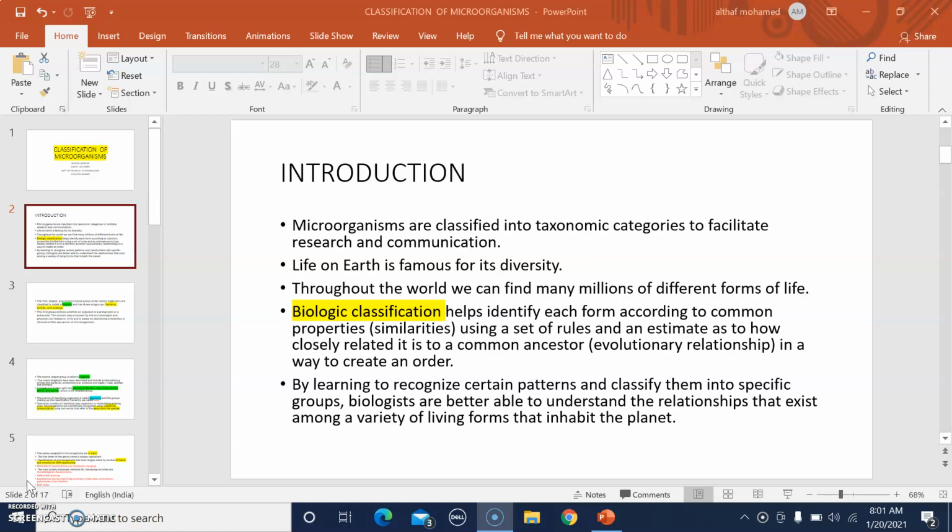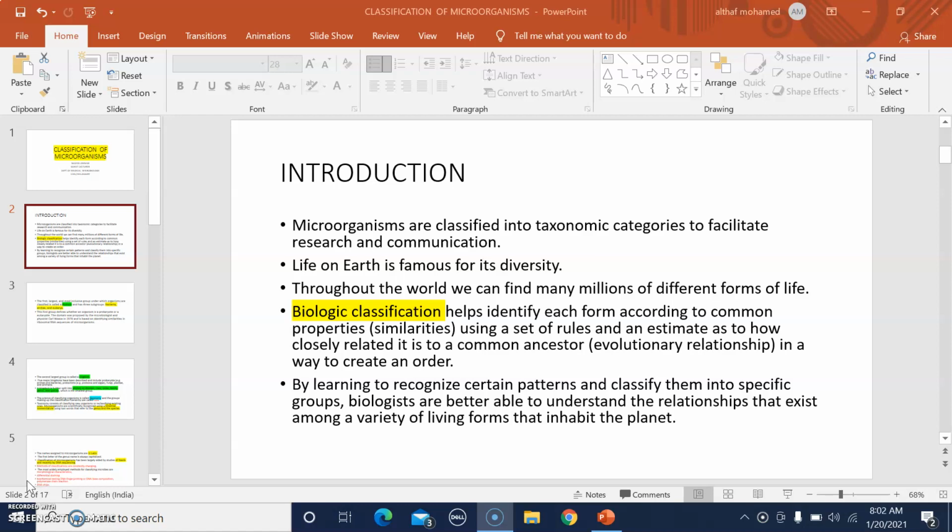Biological classification helps to identify each form according to common properties or similarities, using a set of rules and an estimate of how closely it is related to a common ancestor, in a way to create an order. From a common ancestor, different forms have arisen.